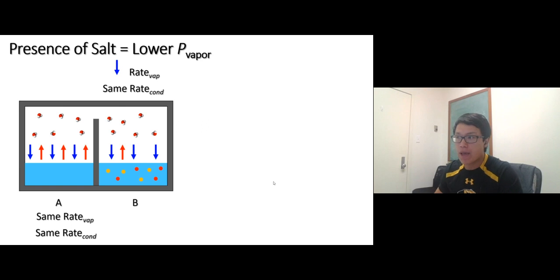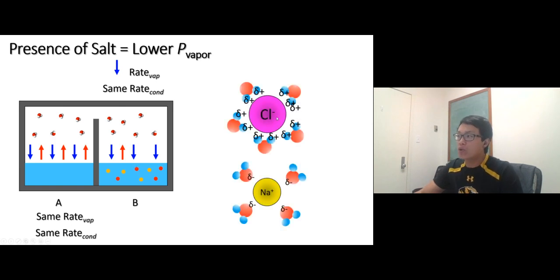The rate of condensation is the same, coming down to become water is still the same, but the rate going up to become vapor is lower, only because of the ion-dipole interaction between water molecules and the chloride ion and the sodium ion. Water molecules from liquid want to go up, vaporize to become vapor. Sodium chloride says, no, don't leave me, pulls this water back and stays with them. Okay, that's why the rate of vaporization in compartment B is lower.